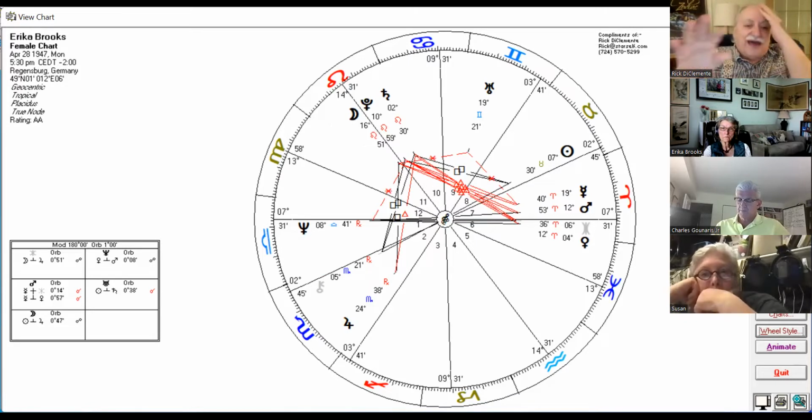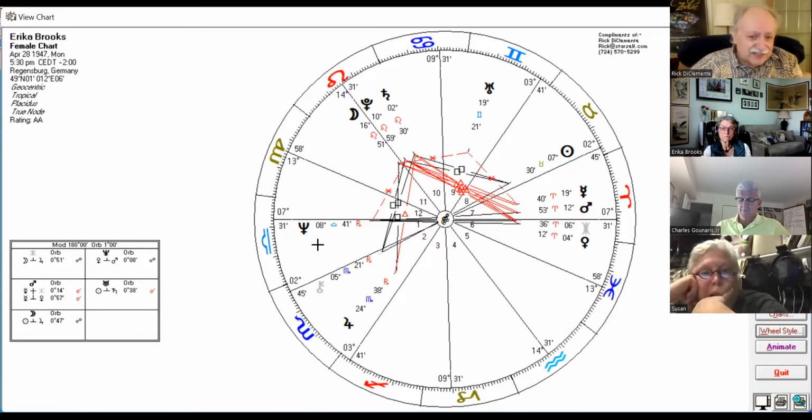And that's why the house system is a trigonometrical method of coming up with equal houses. So in other words, even though this house is little and this house is big, it took the planets the same time to go through each of these houses because everything's tilted. That's the reason. That's all it means.